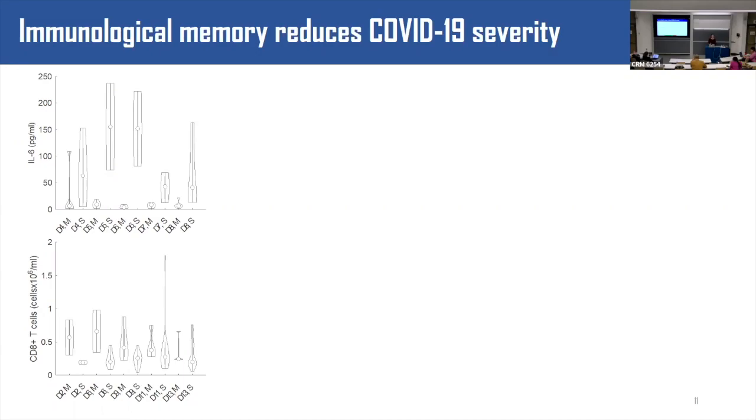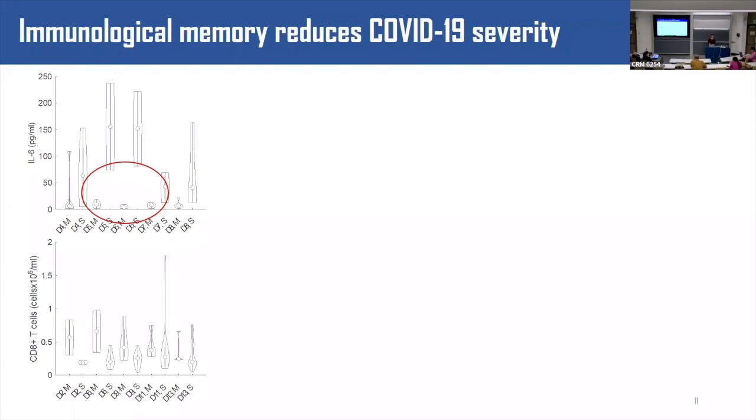These two plots show the concentration of IL-6 and CD8 T cell concentrations between mild and severe patients for alternating days. So we can see a clear separation for the IL-6 plot at day 5 and 6. So we use this biomarker to separate severe and mild patients in our virtual patient cohort.